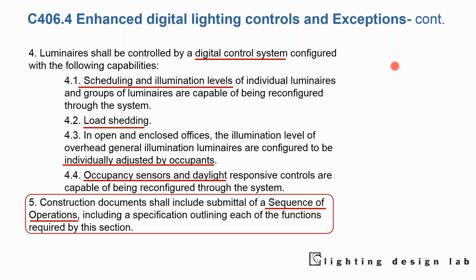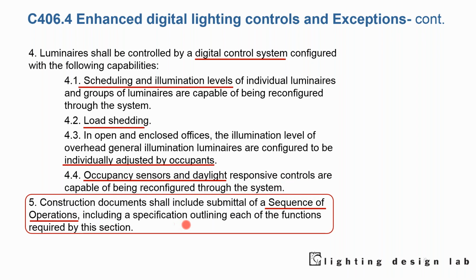Exceptions continued. Luminaires shall be controlled by a digital control system that would have scheduling and illumination levels of individual luminaires, have some sort of provision for load shedding, either by demand side or high-end trim, can be individually adjusted by the occupants, and it has occupancy sensors and daylight responsive controls capable of being configured throughout the system.